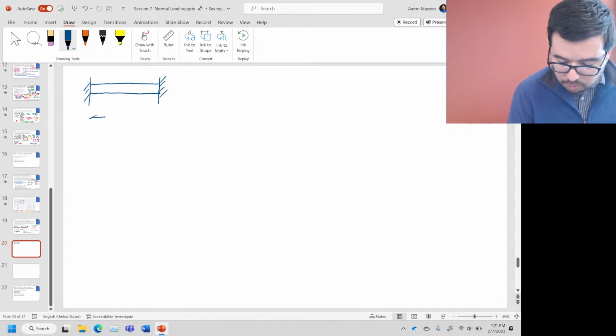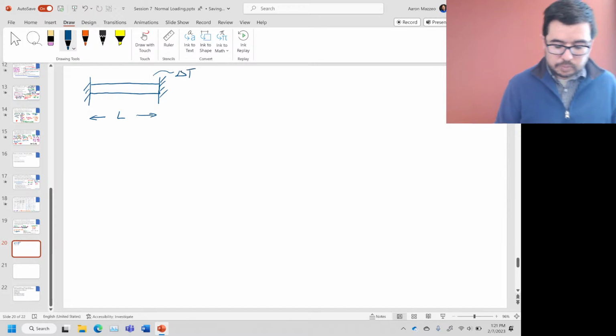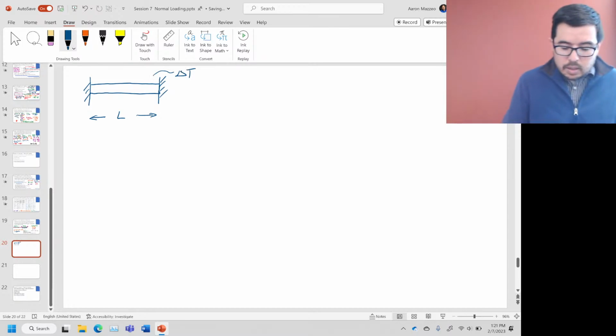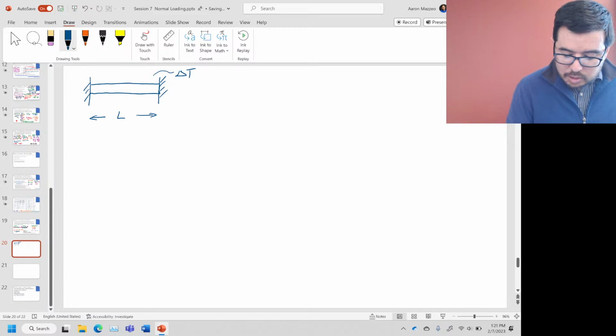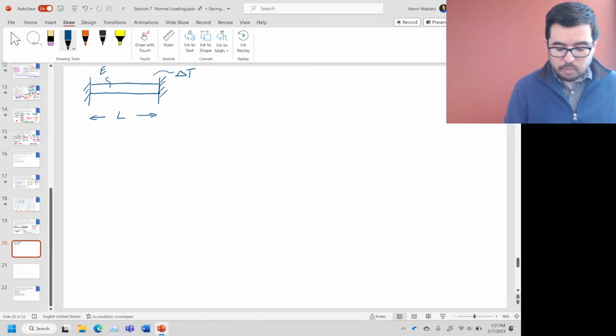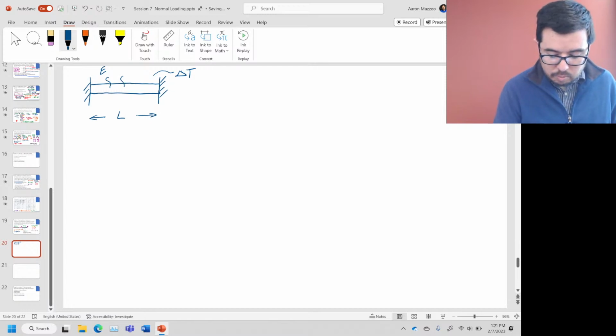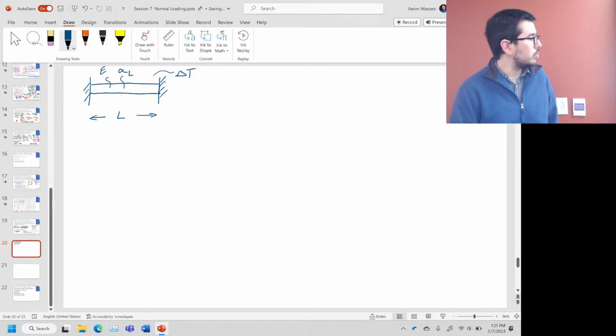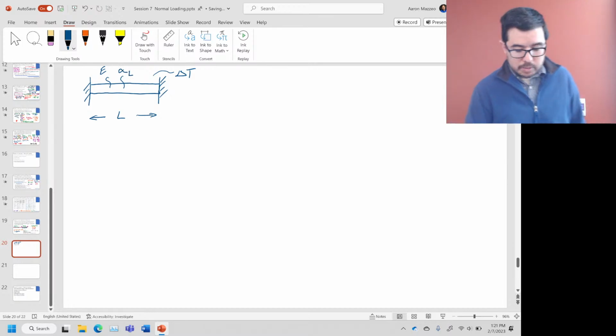It has some length L, and we're going to say there's some delta T here. Say it has some elastic modulus, and some alpha L, some linear coefficient of thermal expansion.